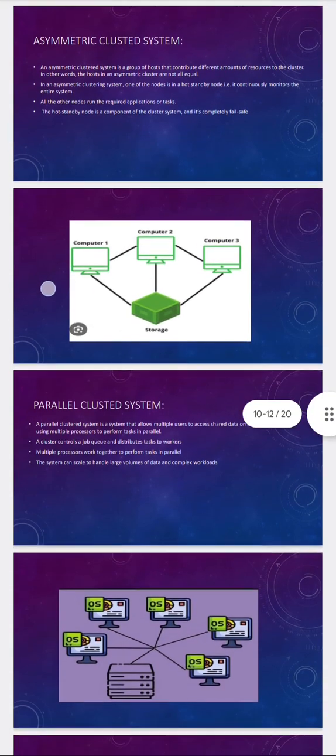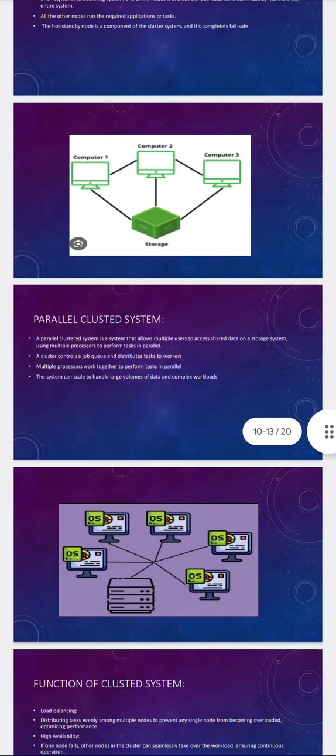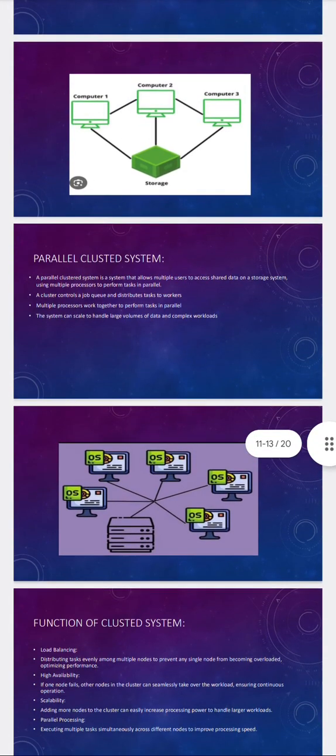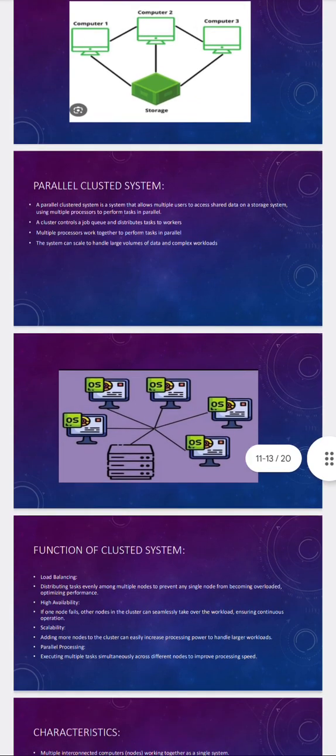Then multiple processors work together to perform the task in parallel. So the system can scale to handle large volumes of data and complex workloads. Here I have given the diagrammatic view for the parallel clustered system.